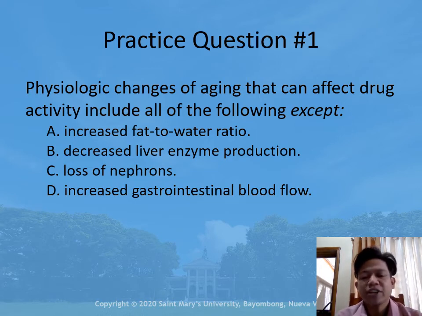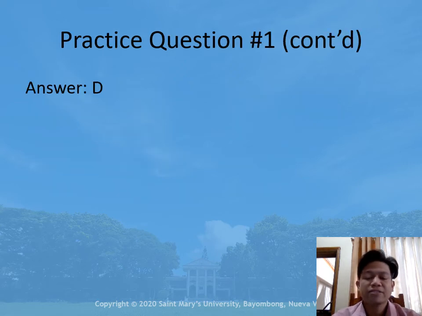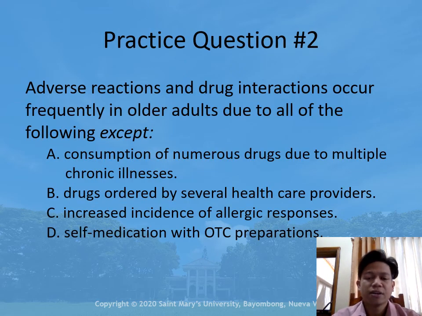Physiologic changes of aging that can affect drug activity include all of the following except: A. Increased fat-to-water ratio, B. Decreased liver enzyme production, C. Loss of nephrons, and D. Increased gastrointestinal blood flow. The answer is D.